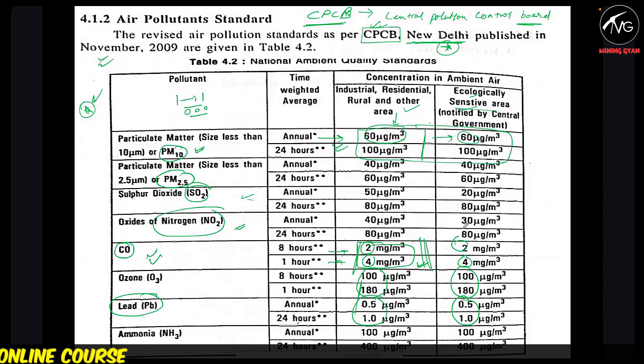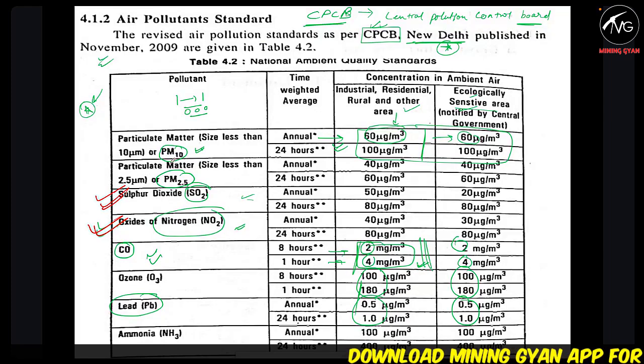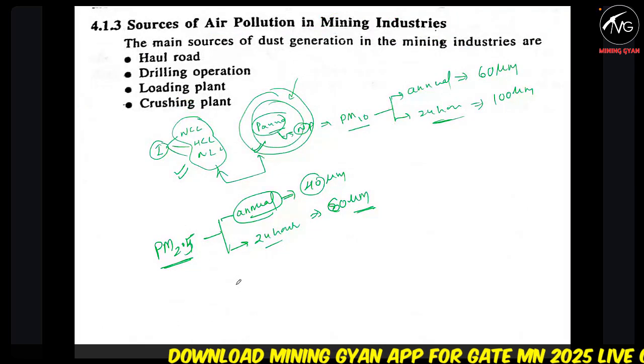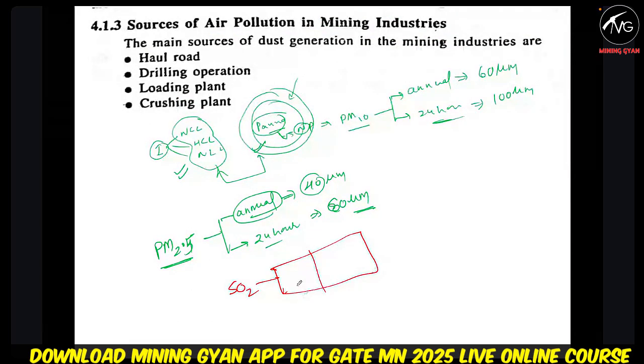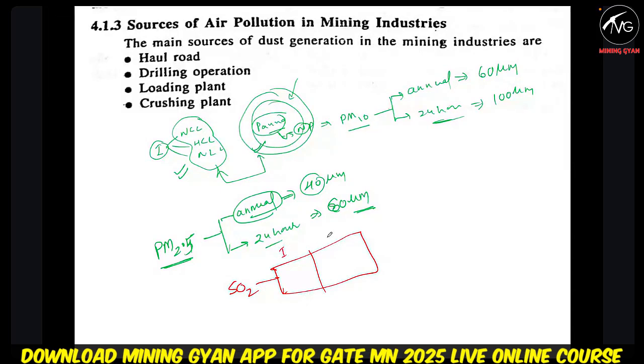In which case will you need to remember them separately? In the NO2 case and the sulfur dioxide case. What will happen in the SO2 case? You have to make a table like this. So it is for industrial, it is for the ecological.